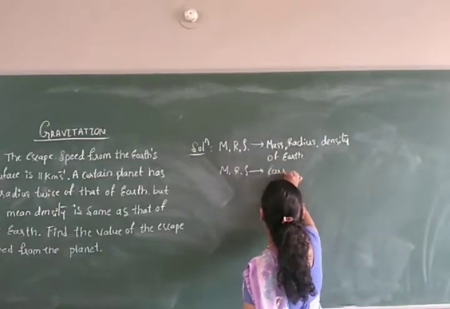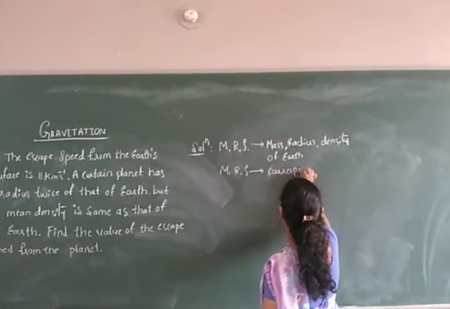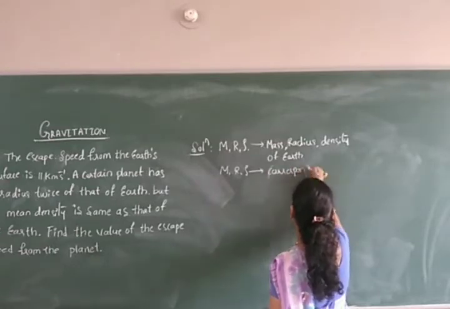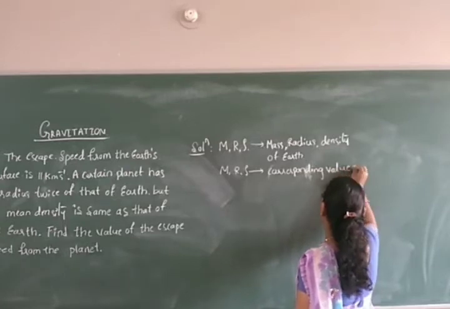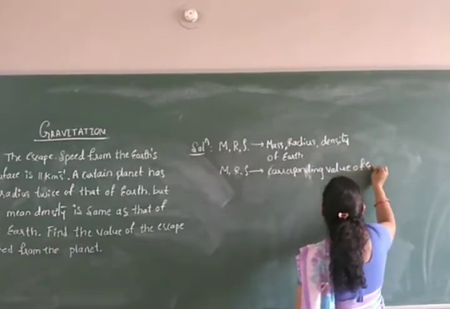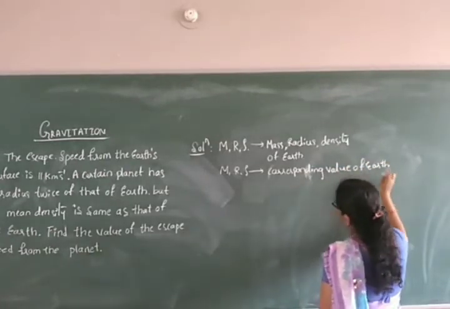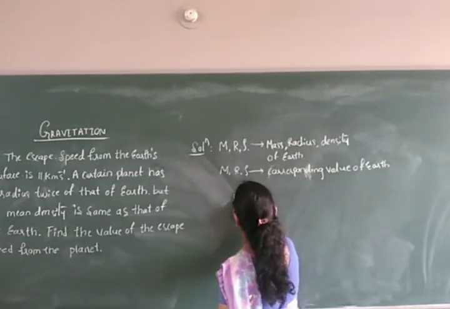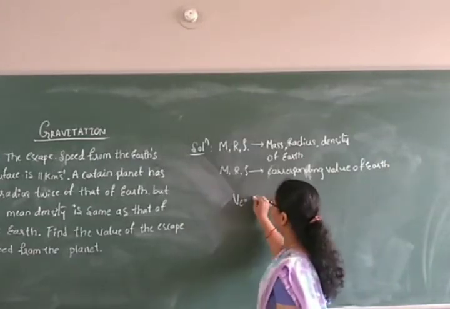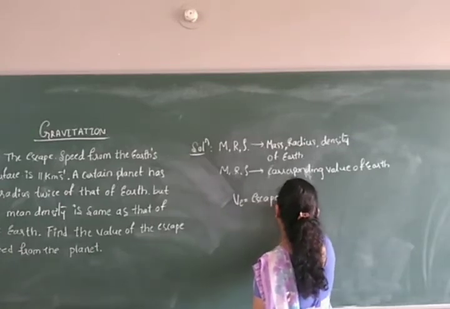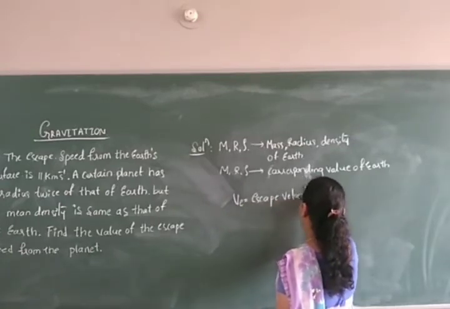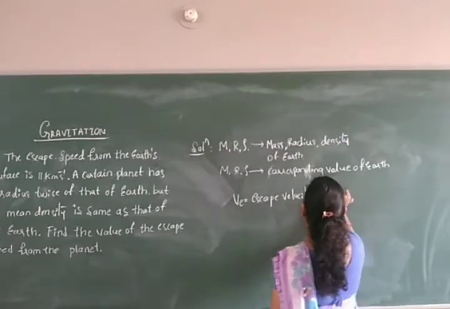So we will write here the corresponding values for the earth. Only thing is that we know the escape velocity, so we are going to write it here. This is the escape velocity or escape speed from the surface of the earth.